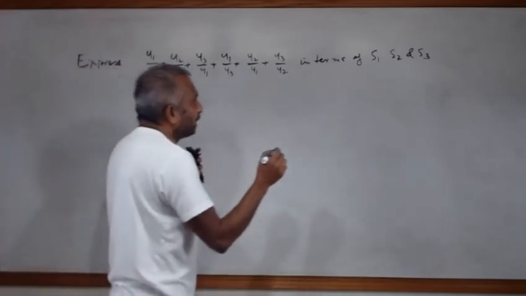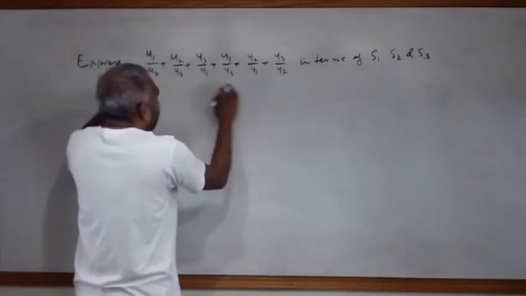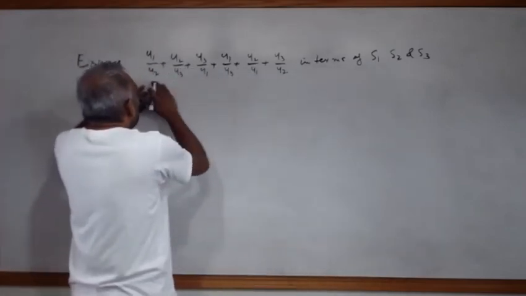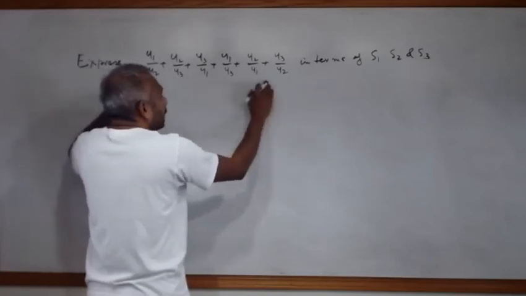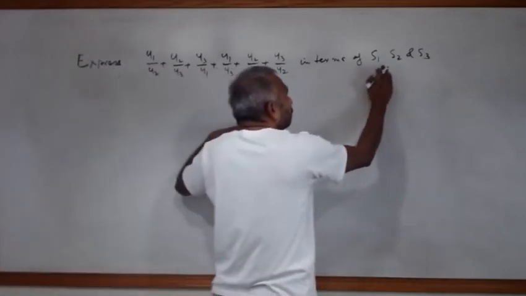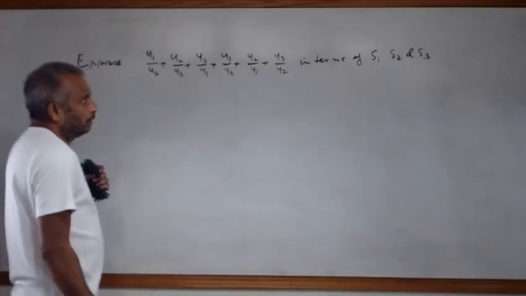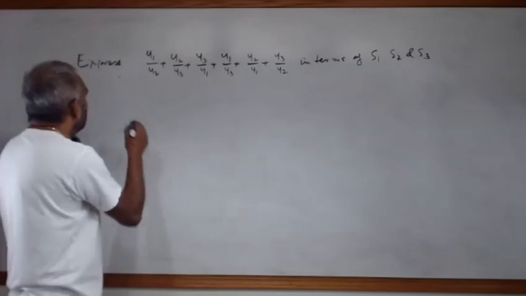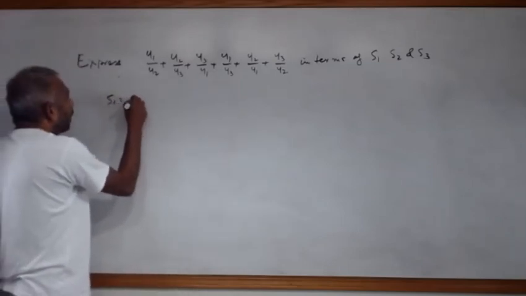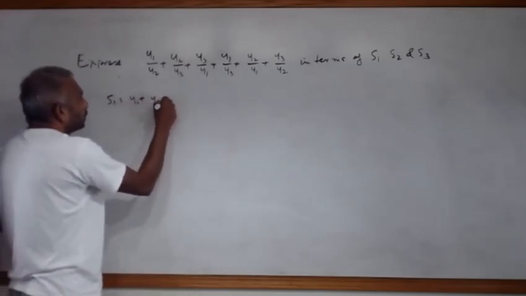What does the theorem say? The theorem says this is a symmetric function. So any element in the symmetric functions can be expressed in terms of elementary symmetric functions. S1 is equal to y1 plus y2 plus y3.